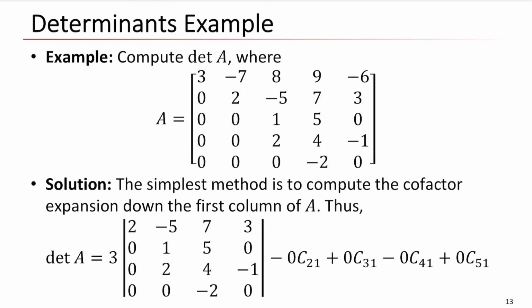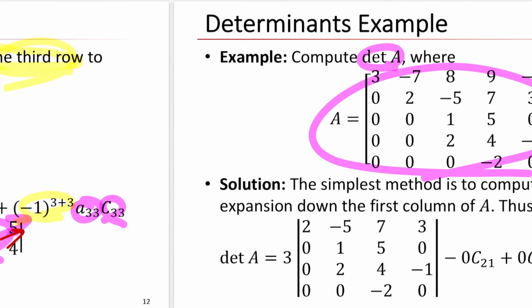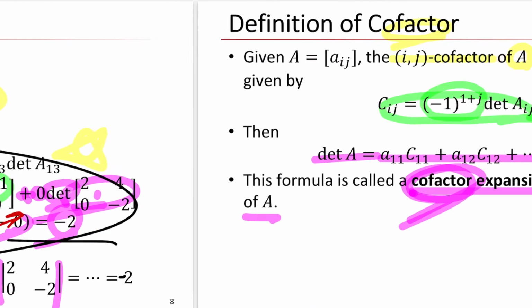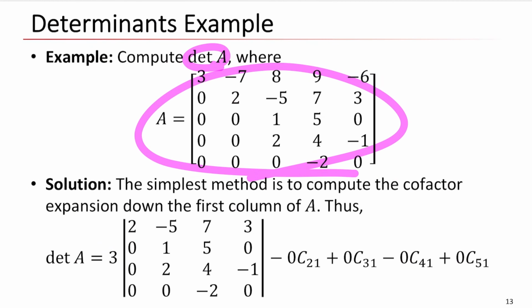Here is the extreme case. Compute the determinant of A, something like this, right? If you compute the determinant of A using this theorem, it might be very time consuming.